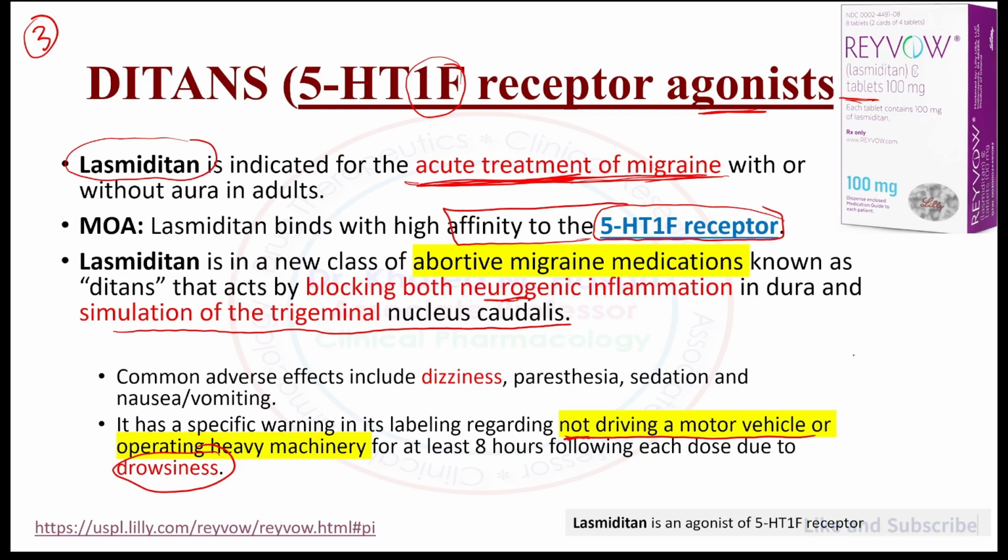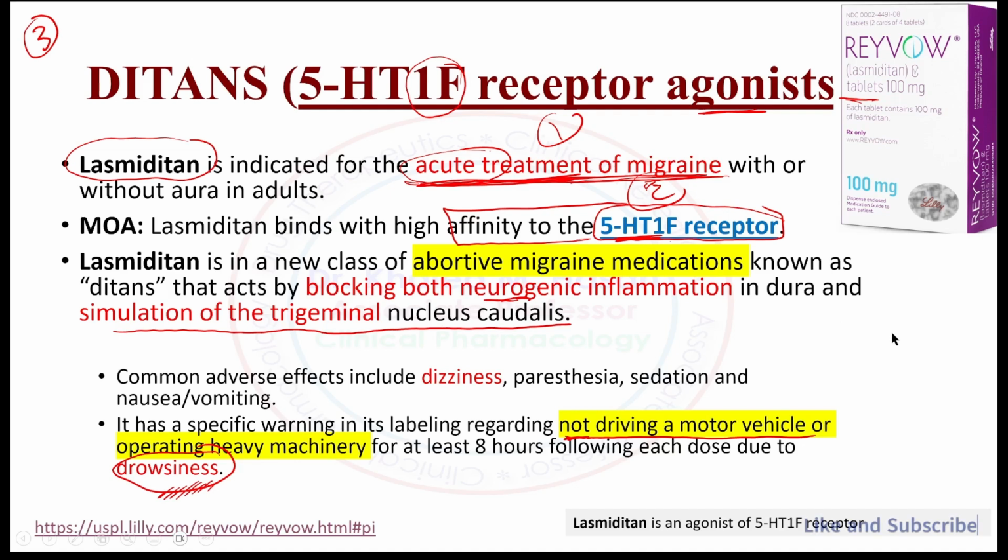So the takeaway points for lasmiditan: number one, it is an agonist of the 1F receptor and is used for acute treatment. Number two, it works on the serotonin receptor 1F as an agonist. Number three, it may cause drowsiness, and it's not recommended for people who are driving a motor vehicle or operating heavy machinery.